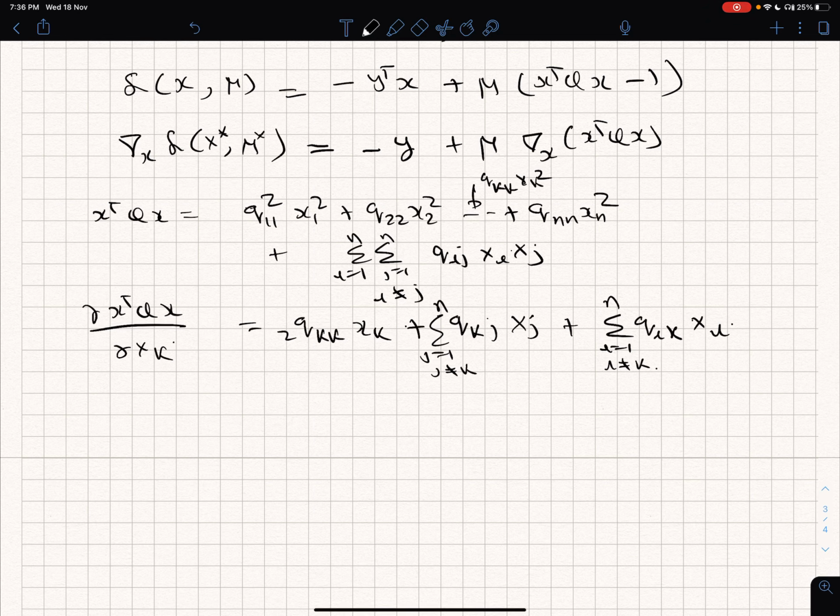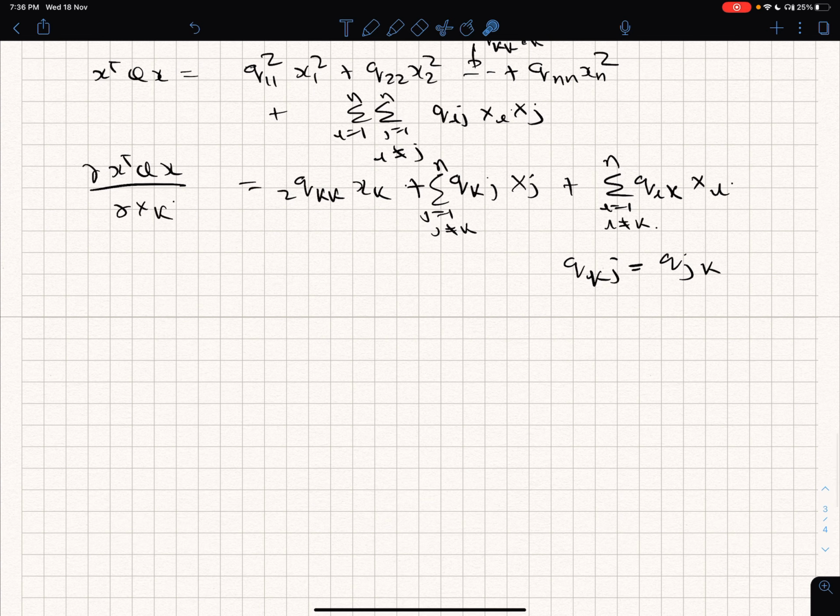But because my matrix is symmetric, qkj is the same as qjk. Therefore each of these terms will finally become twice the value.